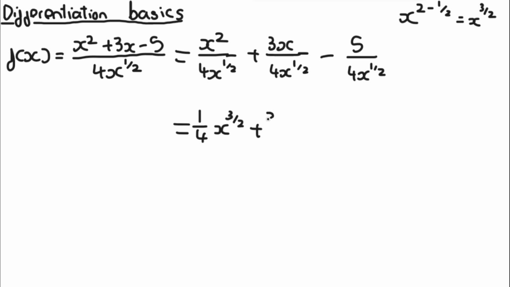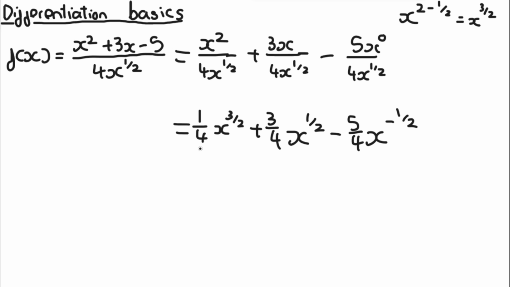For the second part, it's going to be 3 over 4. Remember, this is actually a 1, so it's 1 minus a half, so x to the power of a half, and then it's going to be minus 5 over 4. Remember, this is actually an x to the power of 0 technically, so it's 0 minus a half, so it's x to the minus a half.